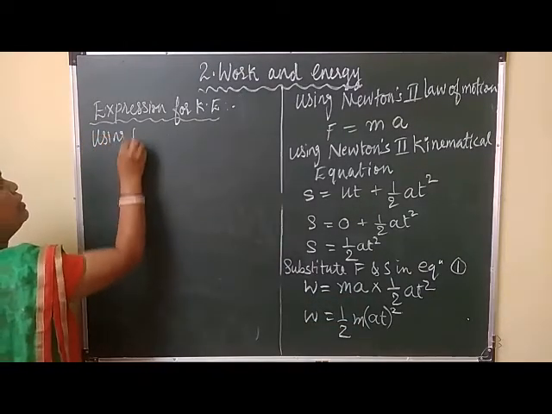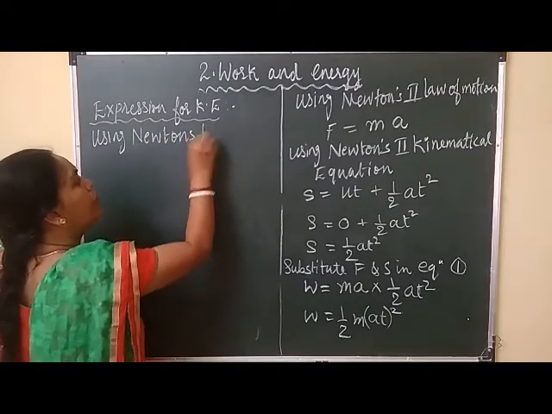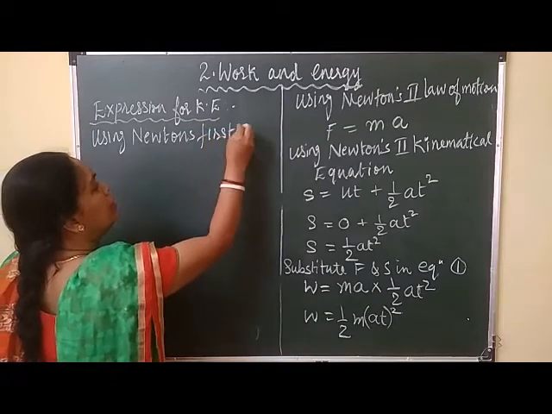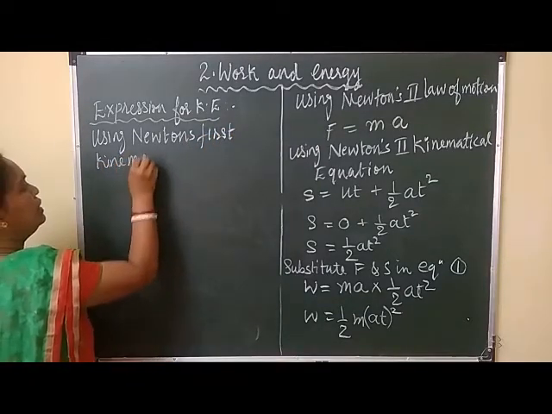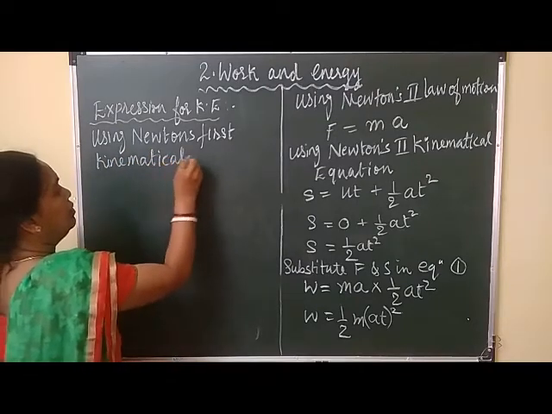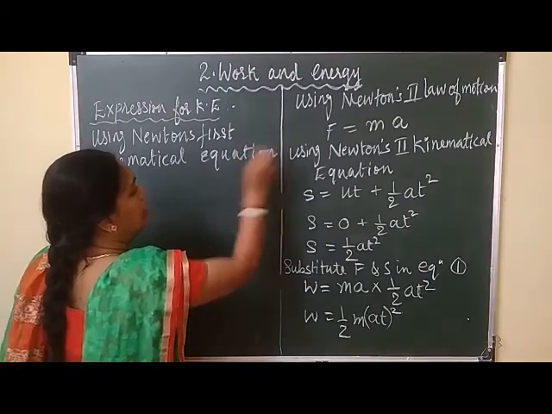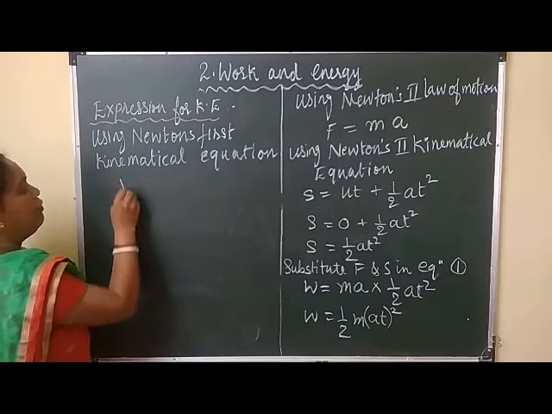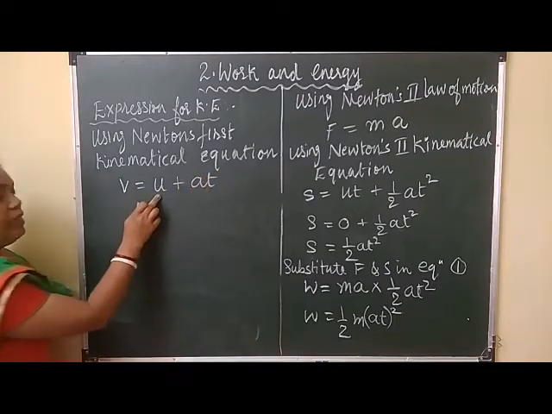Using Newton's first kinematical equation, what do we have? v is equal to u plus at. But we know that initial velocity u is 0.